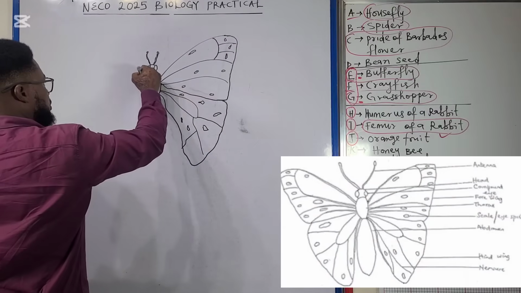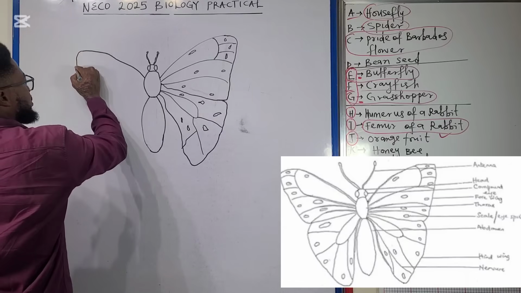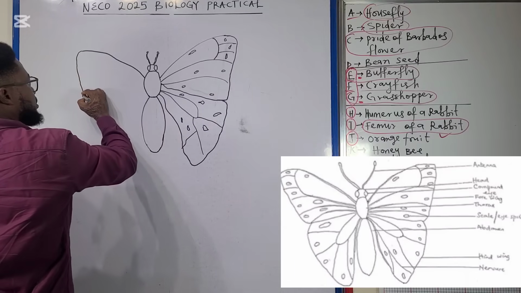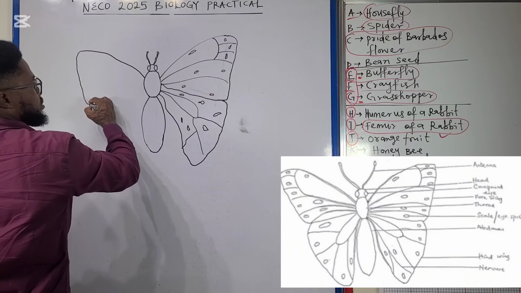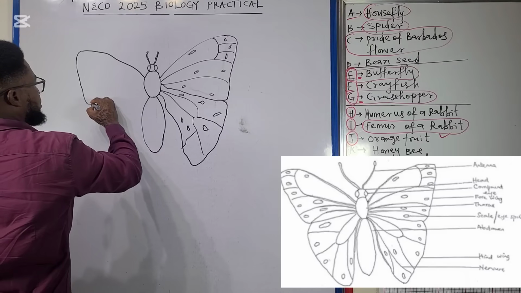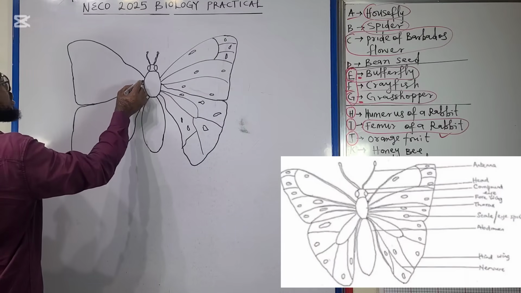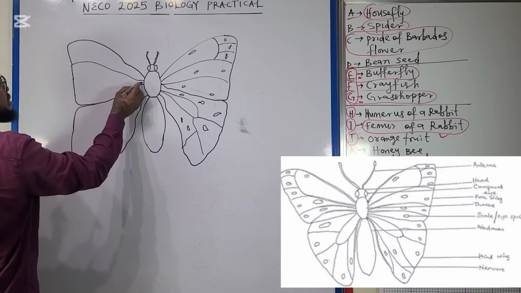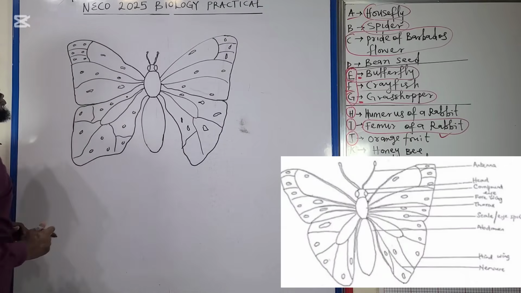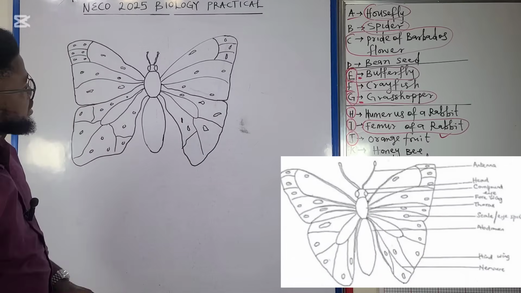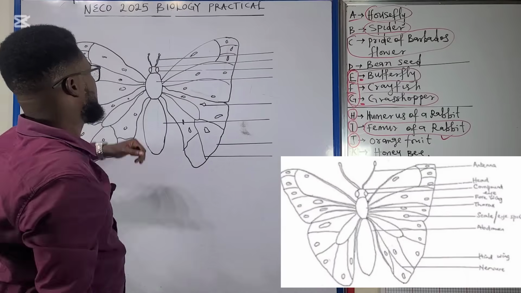If we start this way, we go up, and then we come back up, and then repeat exactly the same thing we did here on the right side. So this here is just about the basic plan. These are the wings, the thorax, the abdomen, the head, the compound eye. Next up is the labeling.